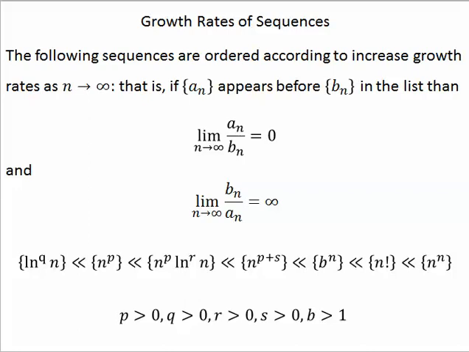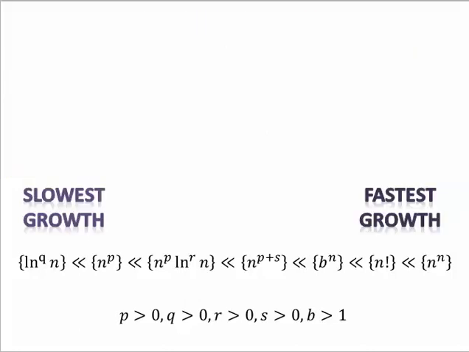And then another polynomial. So roughly speaking, it's log and then polynomial and then exponential. Do you see the b to the n? That's your exponential. Then exponential, and then factorial, and then n to the n. So the left-hand side grows the slowest, and then as you move from left to right, you've got functions that have faster and faster growth rates, and so that n to the n has your fastest growth.